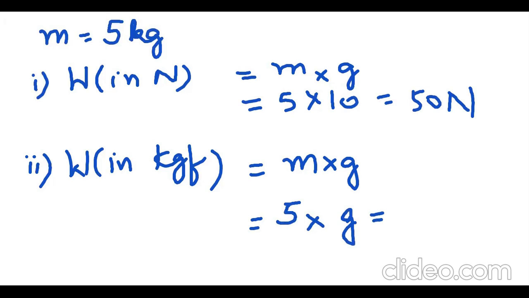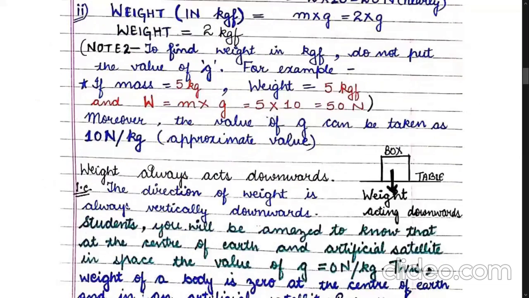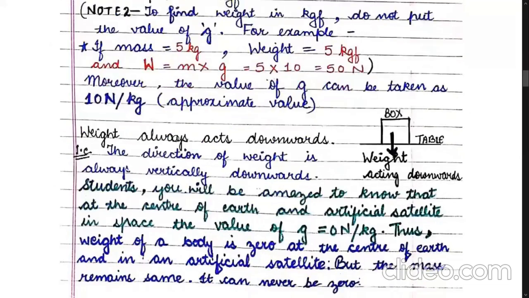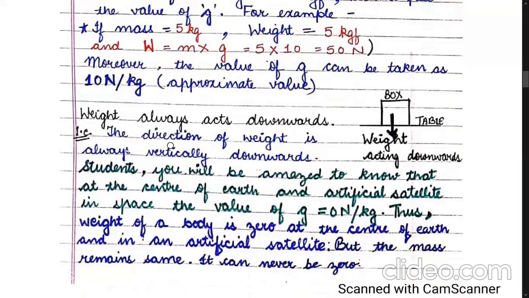So it becomes only 5 kgf, kilogram force. So I hope this much is clear. Let us continue with the lecture further. So children, in the same manner, you find the answers of weight in kgf and Newton.